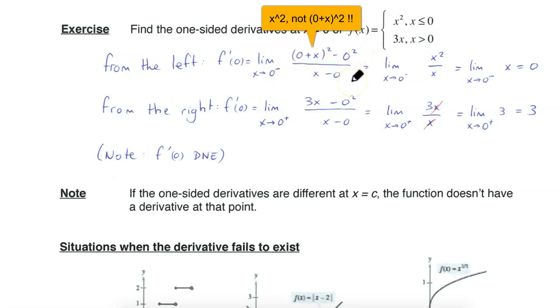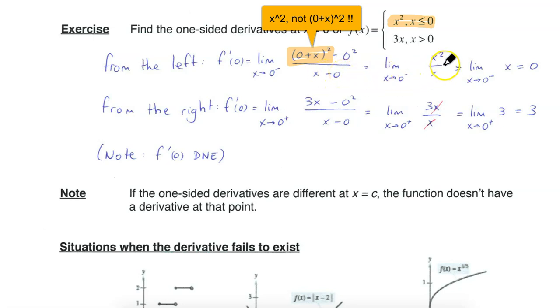So because we are approaching 0 from the left, this is the trick, this part here, because we are approaching from the left, it means we are actually reading this rule, right? So f of x is x squared minus f of c, which is 0 squared, over x minus c, x minus 0.